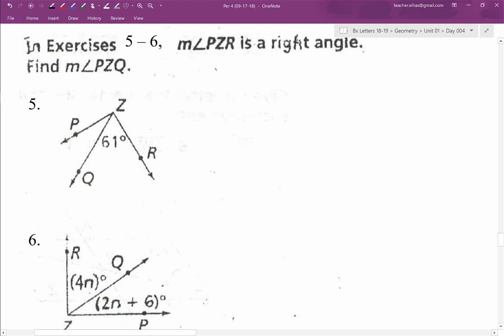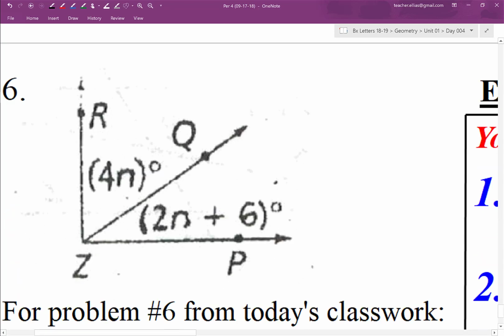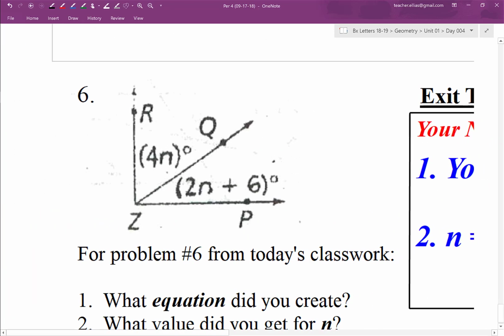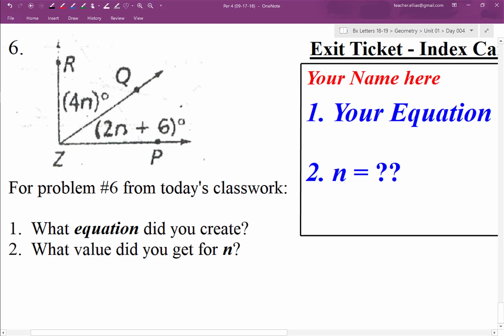We've got about 5 minutes left. I'm going to pass out the exit ticket. Homework is due on Friday. Your exit ticket is number 6. Your exit ticket is literally something you've already done.